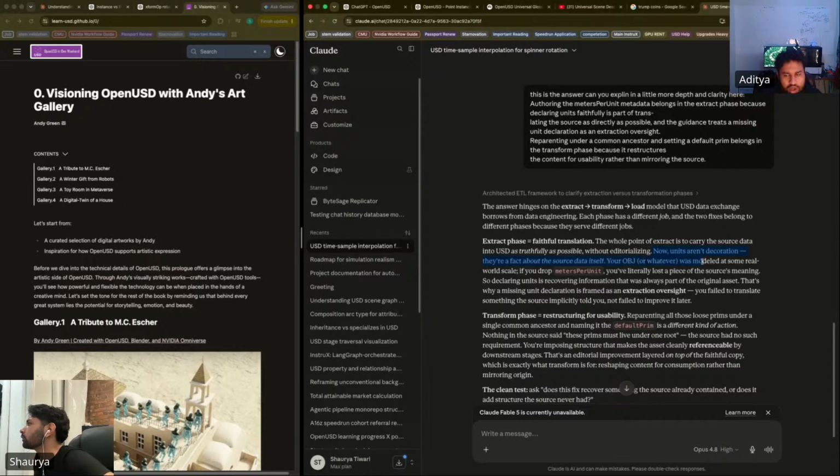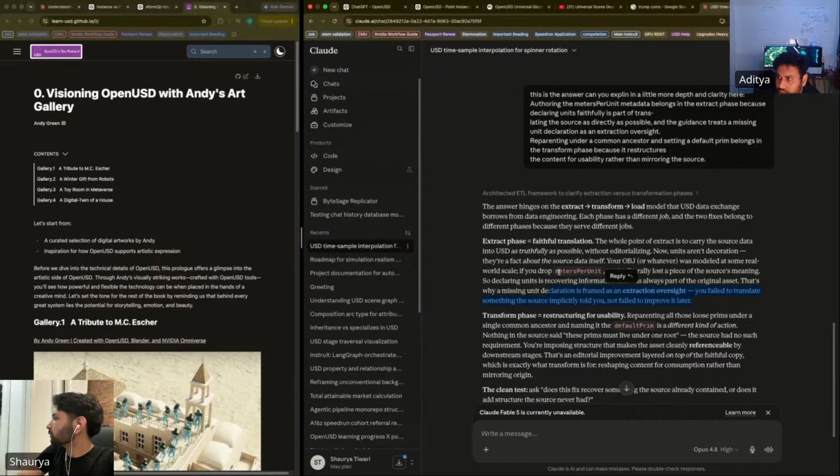Your OBJ or whatever was modeled at some real world scale. If you drop meters per unit, you've literally lost a piece of source meaning. So declaring units is recovering information that was always part of the original asset. That's why a missing unit declaration is framed as an extraction oversight. You failed to translate something the source implicitly told you, not failed to improve it later. Okay, extract phase is faithful translation.